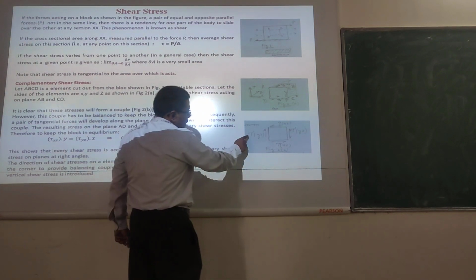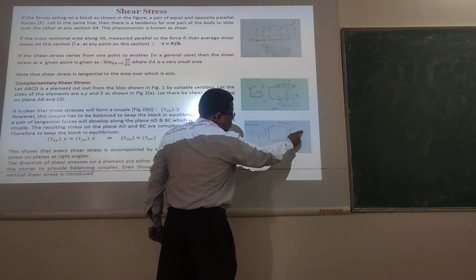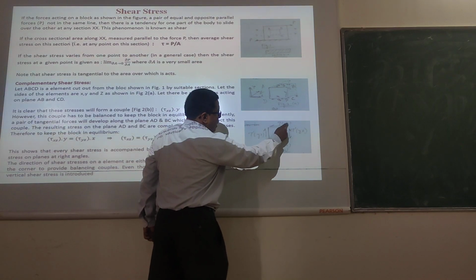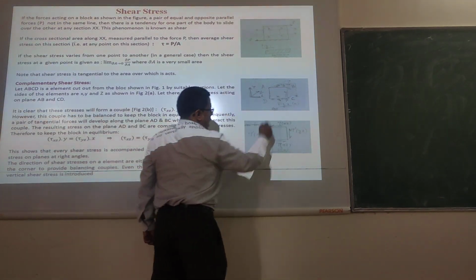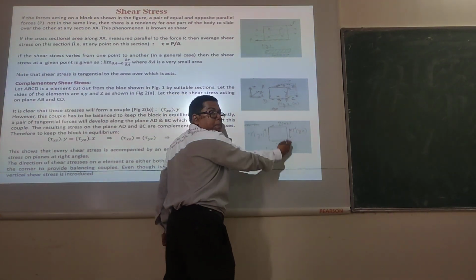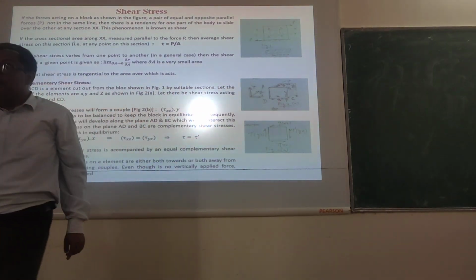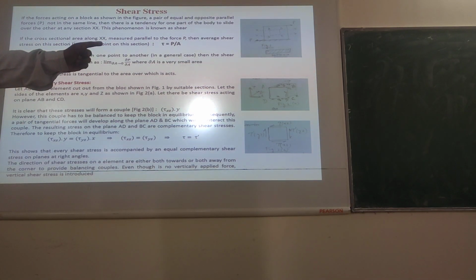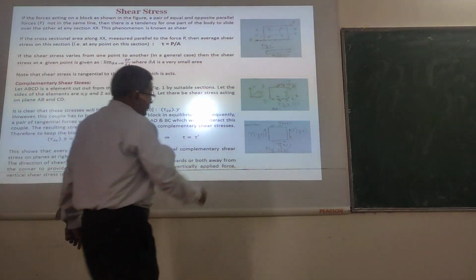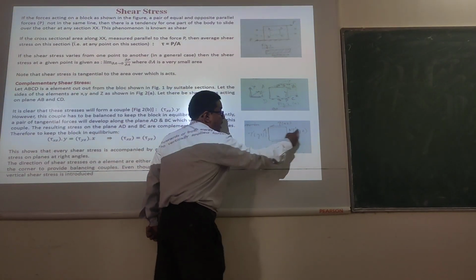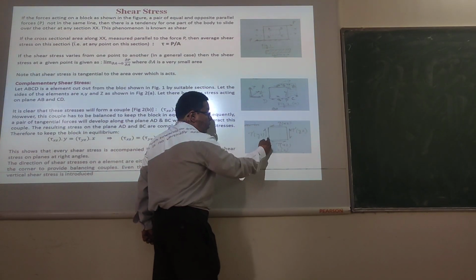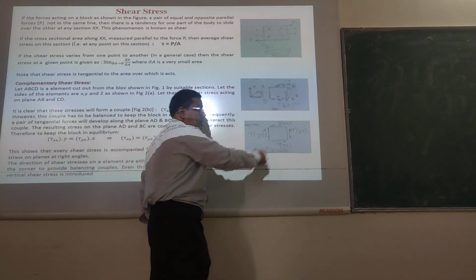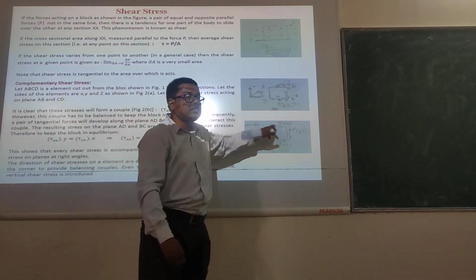So this tau xz is in this plane and tau yz is in the other plane, a perpendicular plane. Try to understand that. So there are other stresses coming in the perpendicular plane which will counteract this couple on the xz plane.